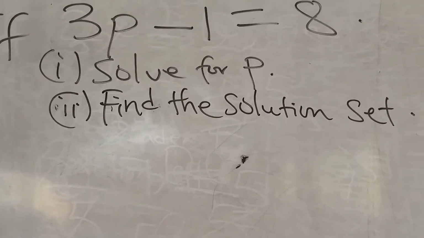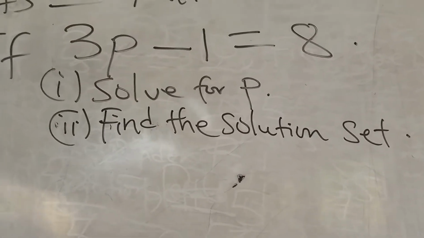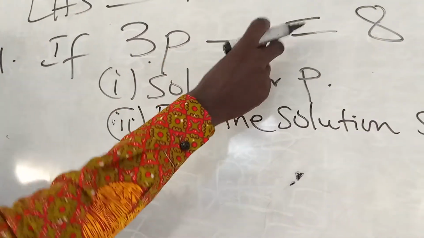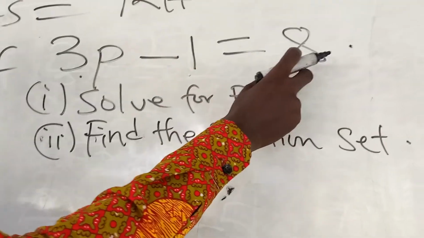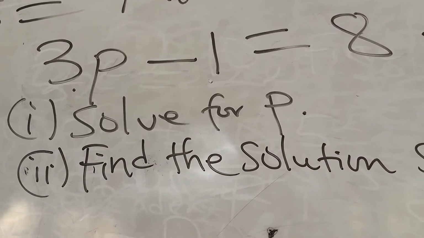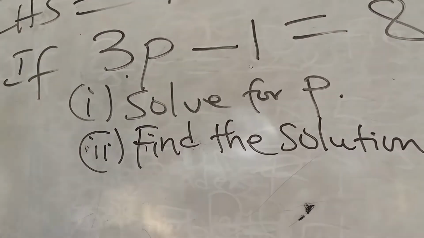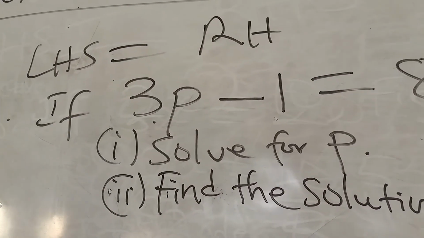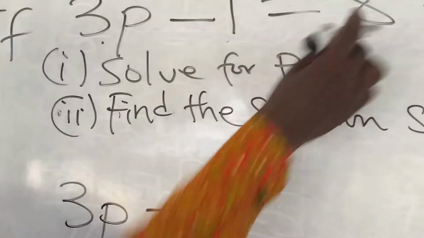So for this question, we group like terms. This and this, they are not like terms because this is not having a variable, p. But this and this are what? Like terms. So always, what I do is that I tell students to group the one with variables on the left-hand side of the equation and the one without variables on the right-hand side of the equation. So I will leave my 3p here, equal to 8.